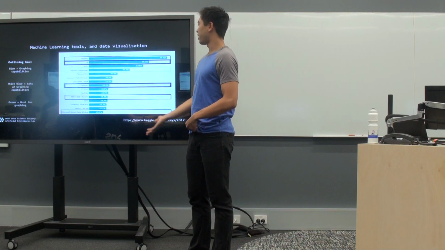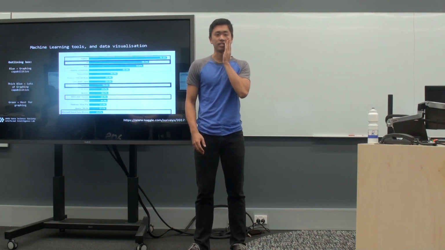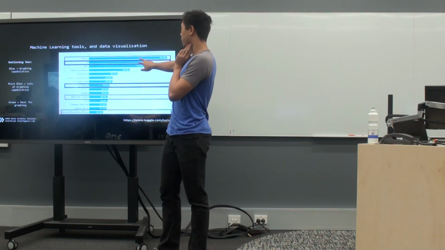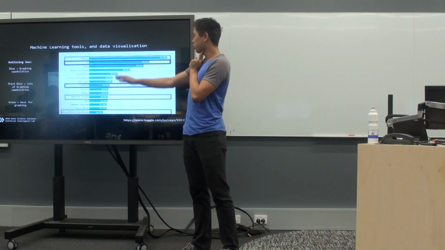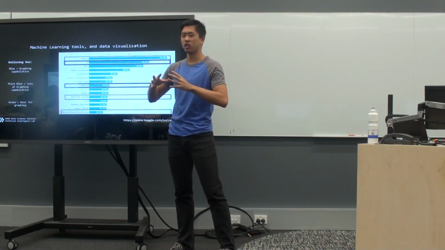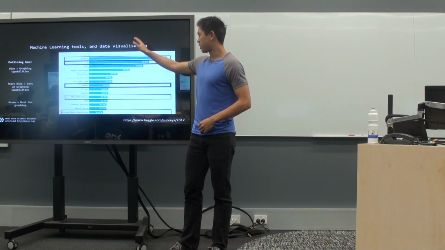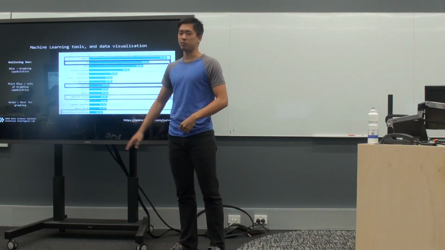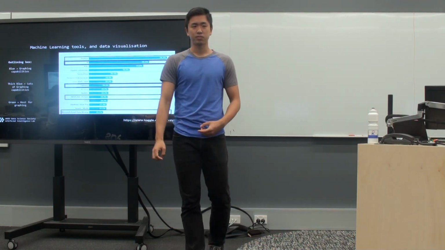They did a survey of what tools data scientists use in their analysis. The most popular two are Python and R. Then you have things like SQL and TensorFlow, but TensorFlow is a lot more specific than Python and R. And then you have Tableau, which is mainly just for visualization, MATLAB, Octave, etc.